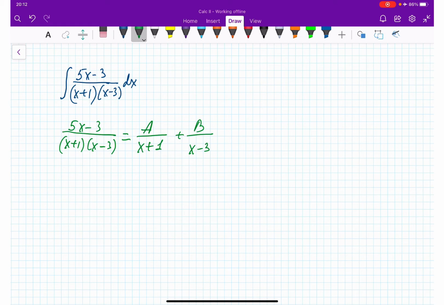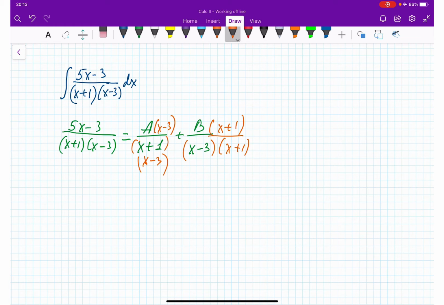The common denominator is going to be x plus 1 and x minus 3, right? So here we are multiplying by x minus 3, here also x minus 3, and here we multiply by x plus 1, and here also x plus 1.